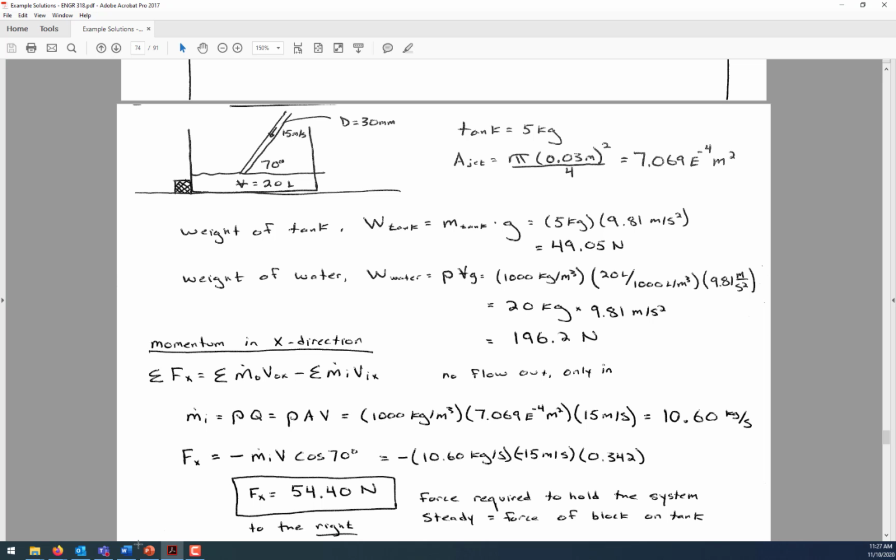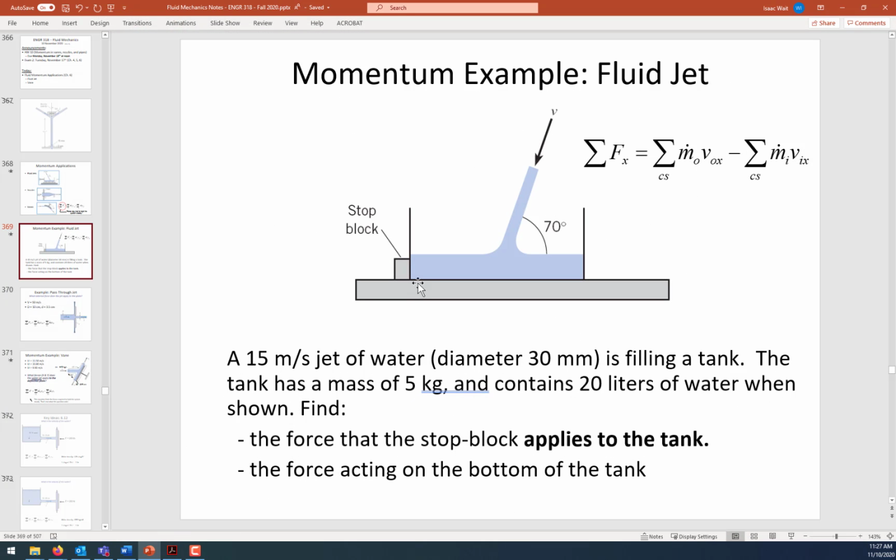Okay, now in the y direction, if we go back here, things are a little bit more complicated. So what's acting on the bottom of the tank? That is this floor or countertop or whatever the tank is on. It's pushing up on the tank. We know it's pushing up because it has to support the weight of the tank, the weight of the water in the tank, and also it's reacting against the jet that's coming in.